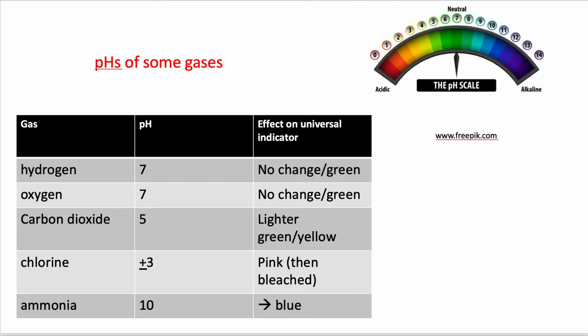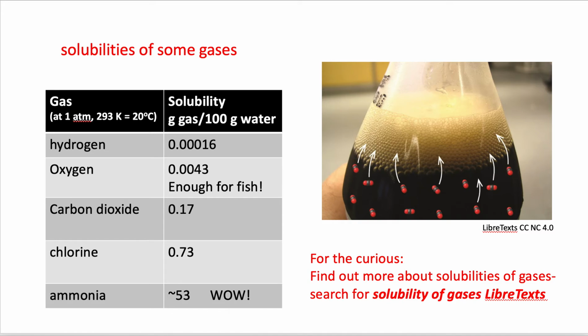And here's just looking at pHs, and you can pause the slide here to look at the acidity and alkalinity of some gases. And then again, you can pause to read this one, some solubilities. Hydrogen, not very soluble at all.